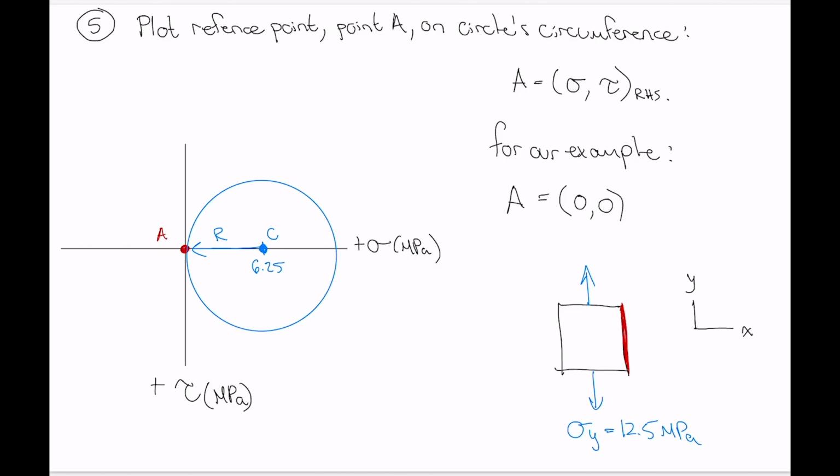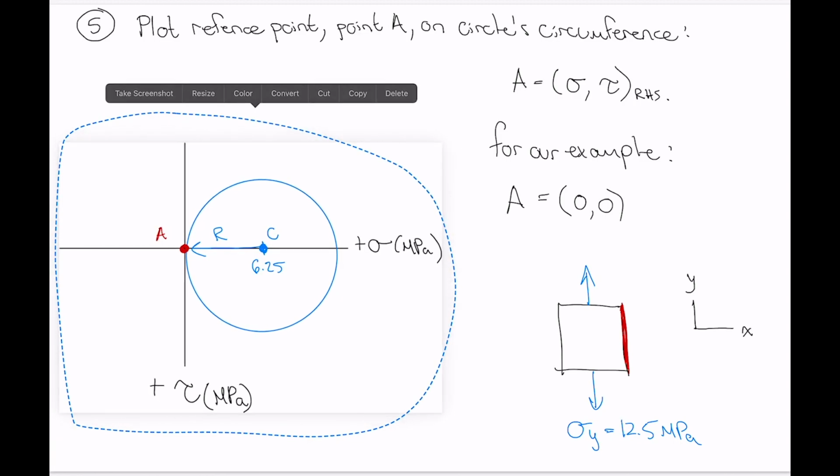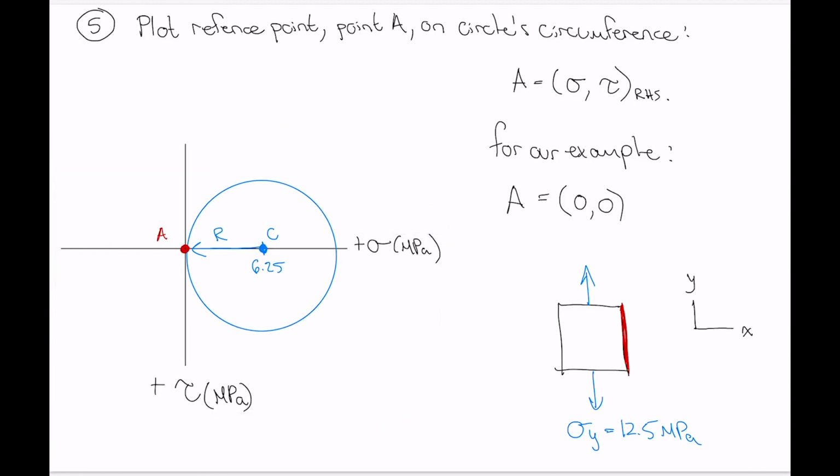Okay, so let's talk about what Mohr's circle gives us now, and let's do that by taking the circle that we've created here, copying it to a new page and looking at it in relation to our original object.